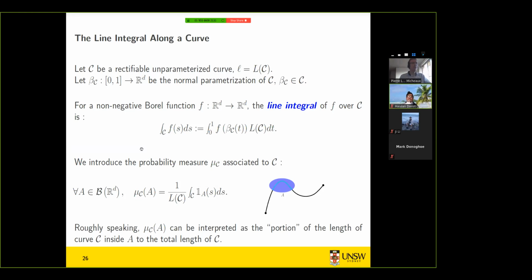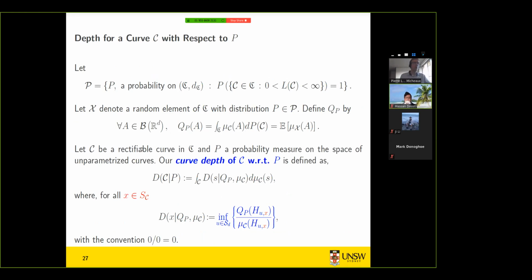So now we have all the ingredients to define this notion of depth. I start with the depth of a curve C with respect to a probability measure P. This probability measure P belongs to the set of all probability measures defined on the set of unparameterized curves which have a finite length.